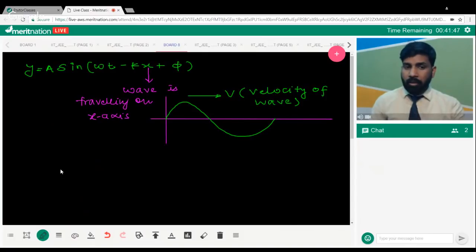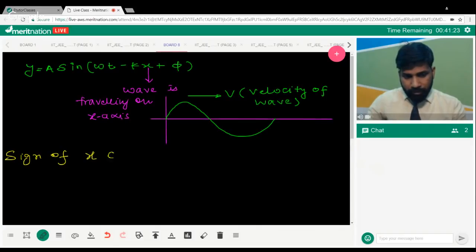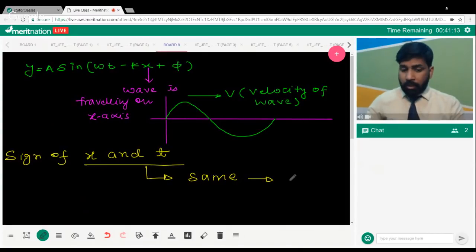So how can we check whether the wave is traveling in the positive x-axis or negative x-axis? For that, we first need to check the sign of the coefficients of x and t.